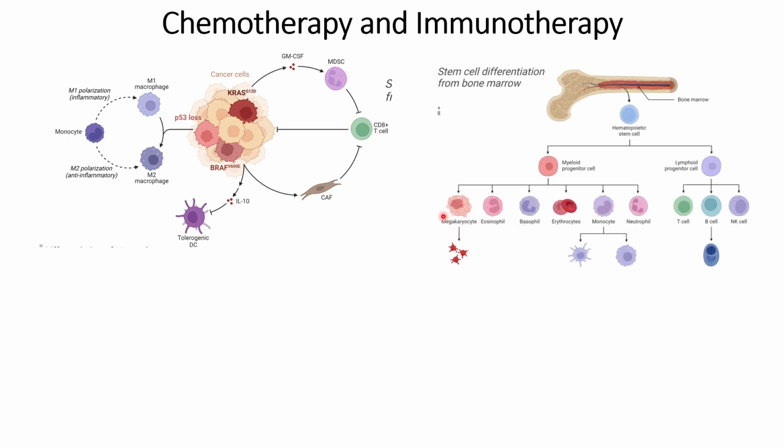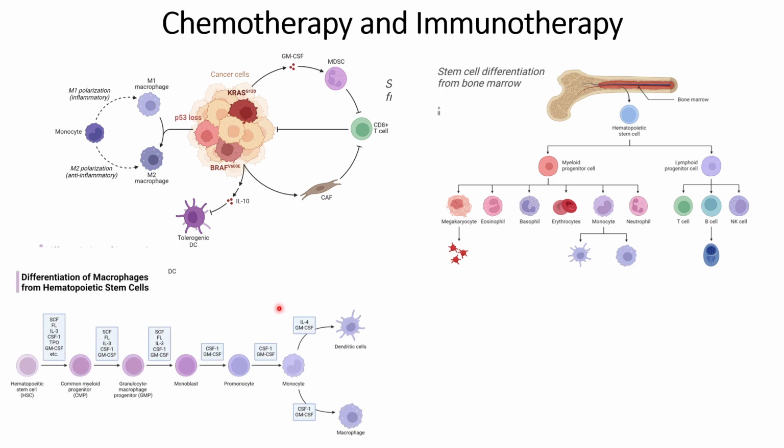And how are these monocytes formed? Monocytes are basically formed in the bone marrow. From the hematopoietic stem cells, they differentiate into different progenitor cells, and these myeloid progenitor cells will differentiate into the monocyte, and then it will differentiate into dendritic cells and macrophages.